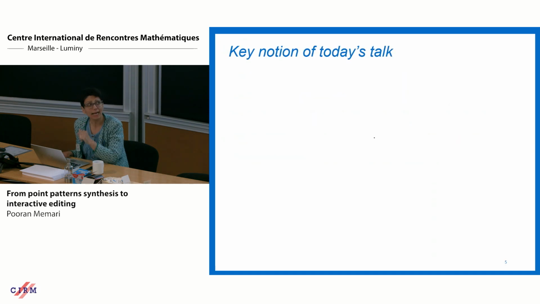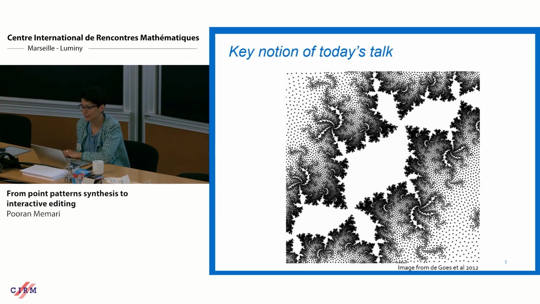So the key element of today's talk is this dimensionless, basic geometric tool that we can barely see before it takes part of a distribution configuration on a domain, representing a pattern.